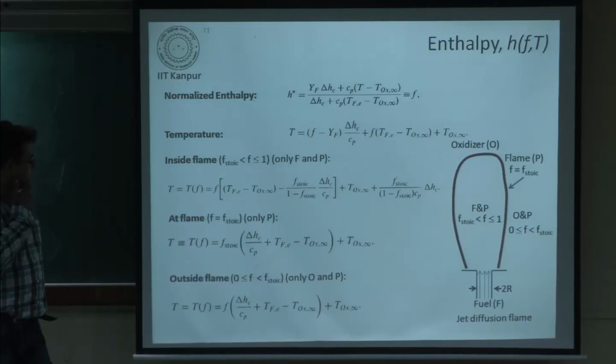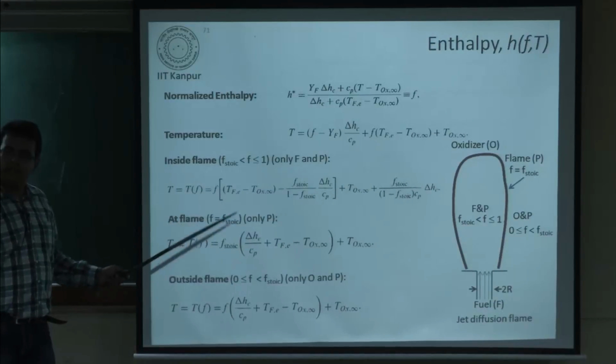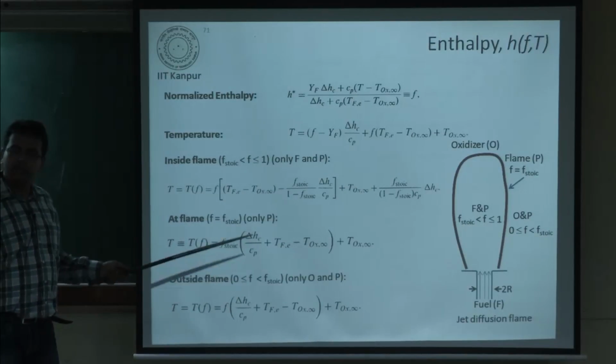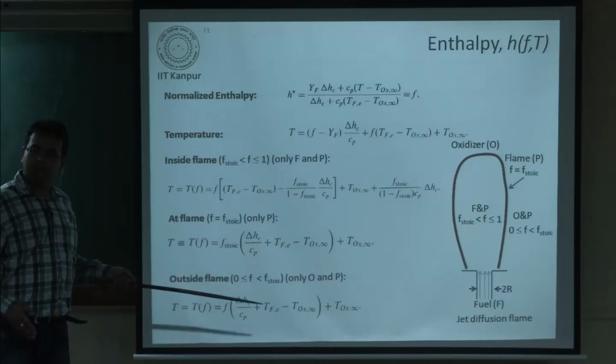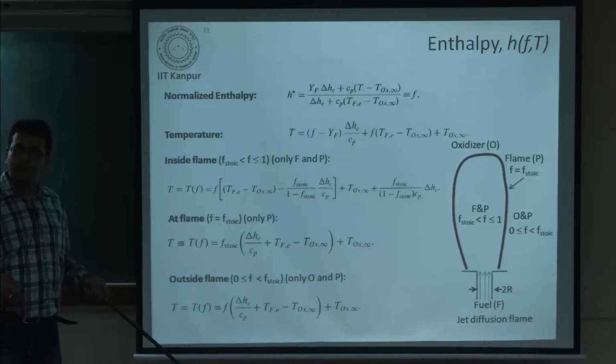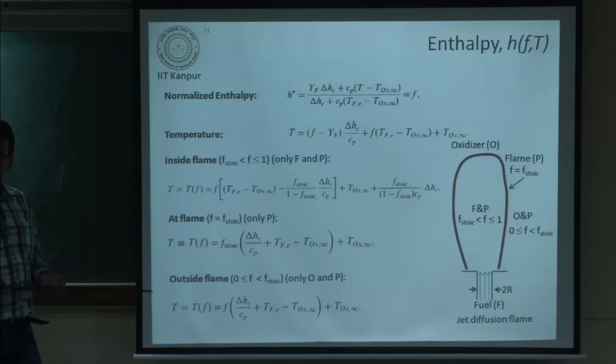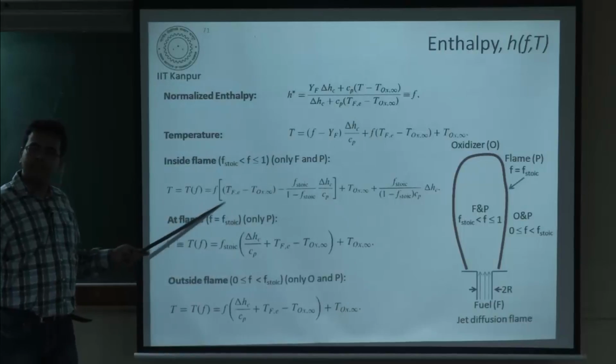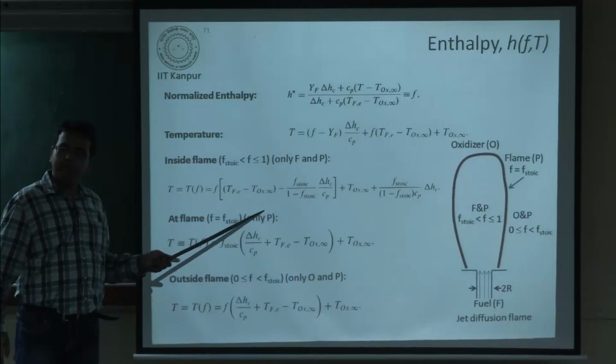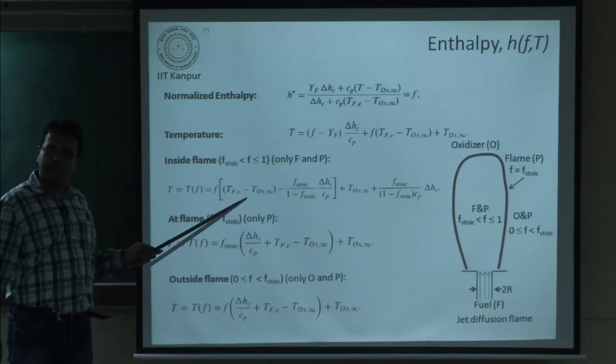Okay. So how is it varying inside the flame? What is the variation, whether it is linear or parabolic or cubic? How will it vary? It is a linear expression, right? All these are constant, so it is only a function of F.